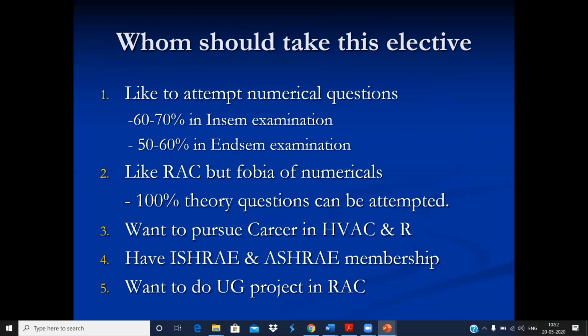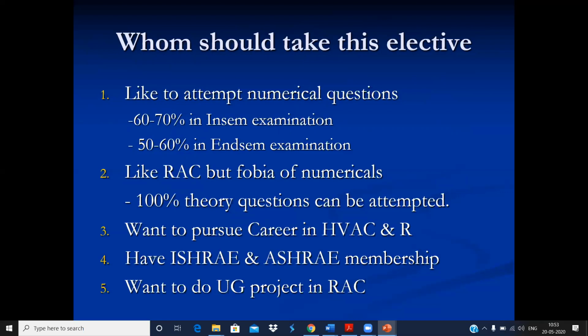But the question arises in your mind: why should we take this particular elective, and who should take it? First, if you like to attempt numerical questions, there are almost 60 to 70% numerical questions in SEM, and especially for HVAC and R, 50 to 60% numerical questions will be there in the same examination.